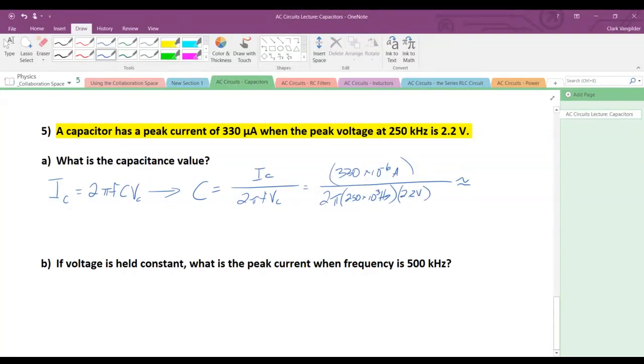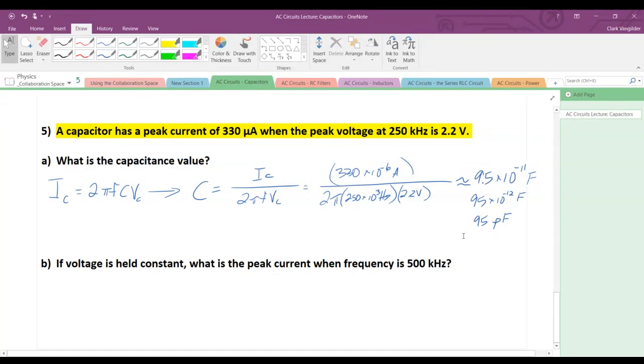Crunch all of that together, and unless your calculator is in engineering mode, you'll get 9.5 times 10 to the minus 11th, which would be 95 times 10 to the minus 12th farads, or 95 picofarads. Okay, so there you go.